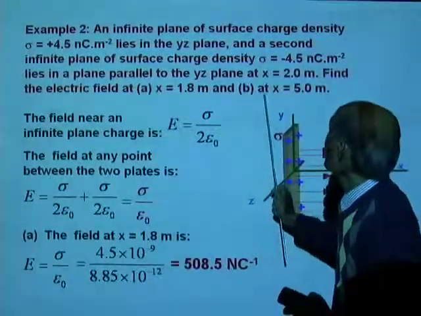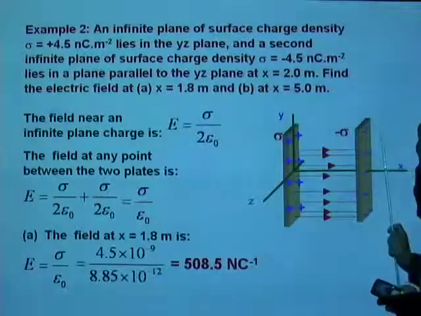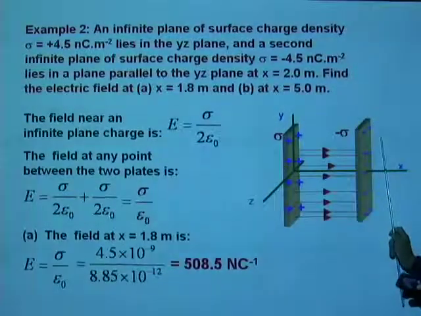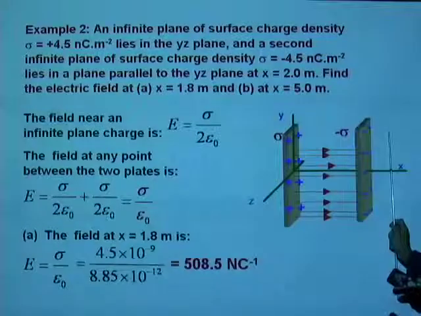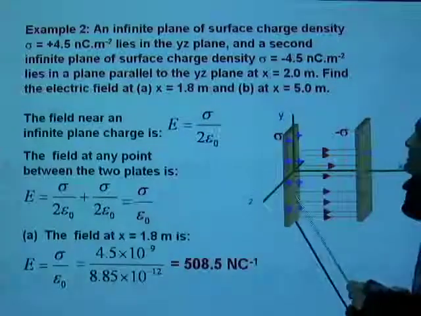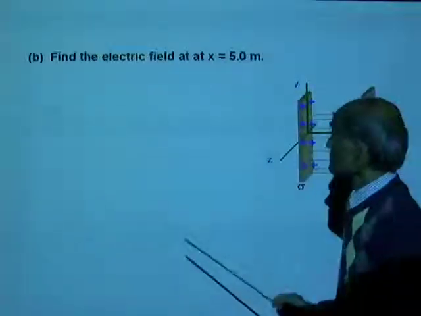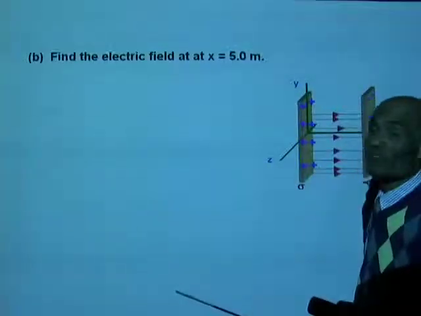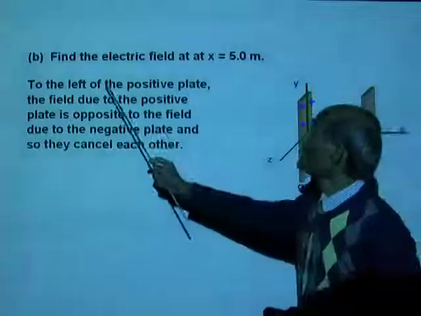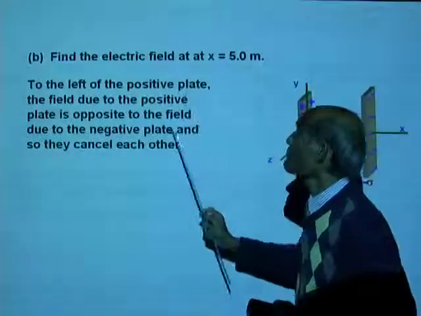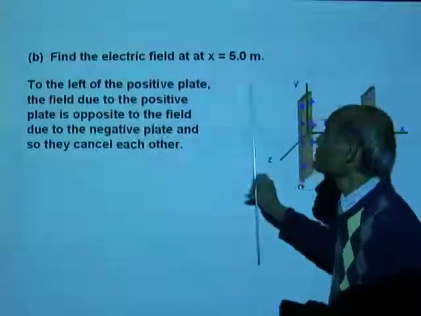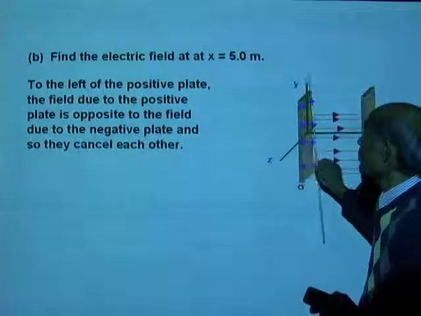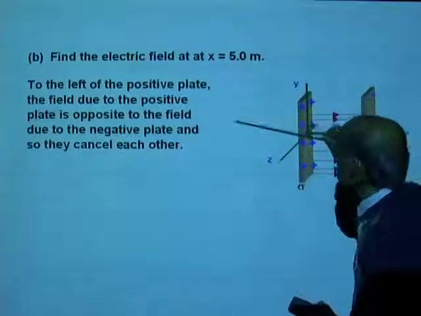How about B? Field at x equal to 5 meter. We need to find the field outside of this negative plane. Find the electric field at x equal to 5 meter. Well, to the left of the positive plate, the field due to the positive plate will be in that direction.